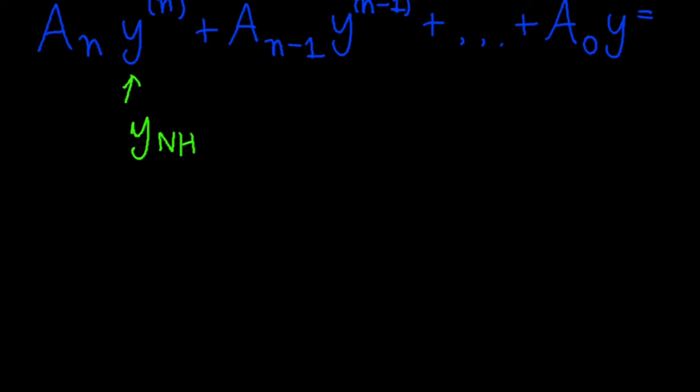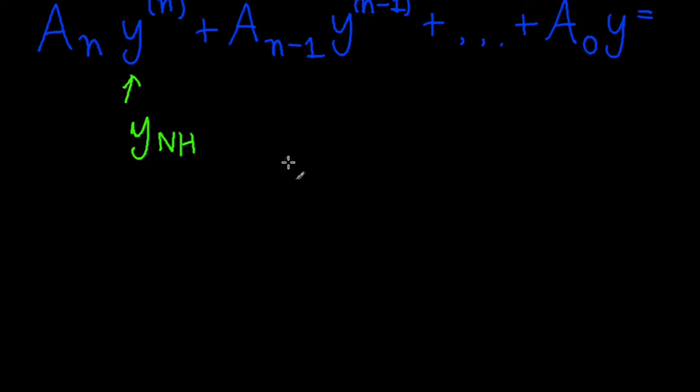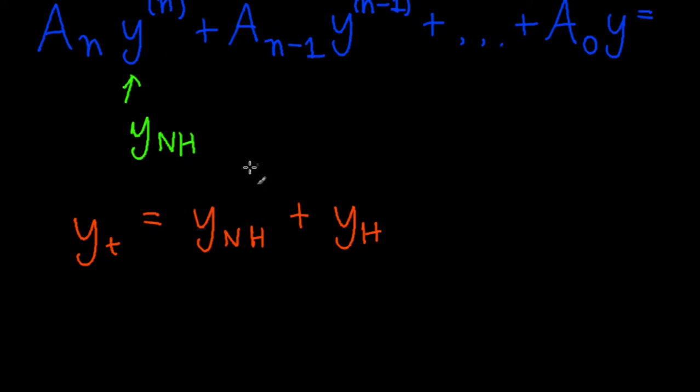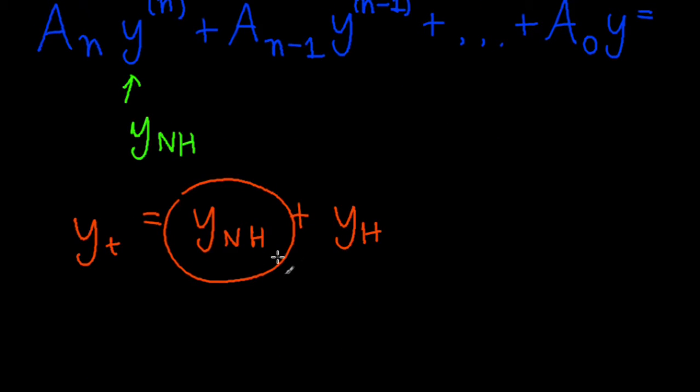Then the theorem is that the sum of these two solutions, y sub nh plus y sub h, is also a solution to the non-homogeneous differential equation. We know the first is a solution by definition, but what we are saying is that even if we add any solution of the corresponding homogeneous differential equation to the non-homogeneous solution, it's still going to be a solution to my non-homogeneous differential equation.